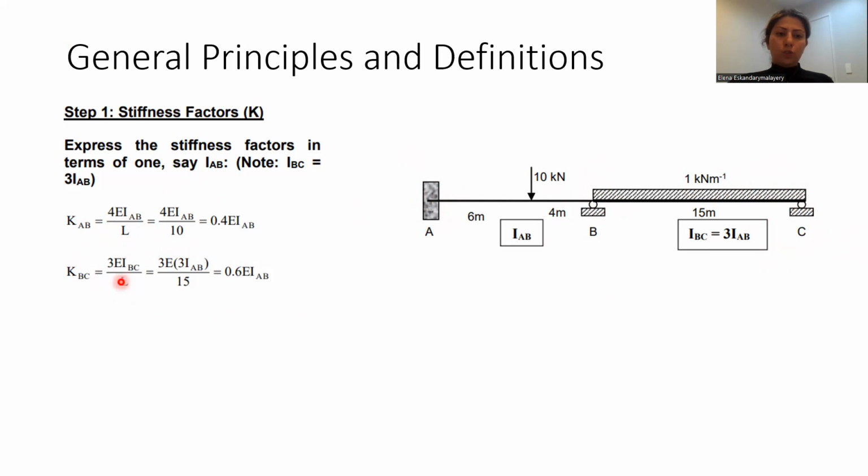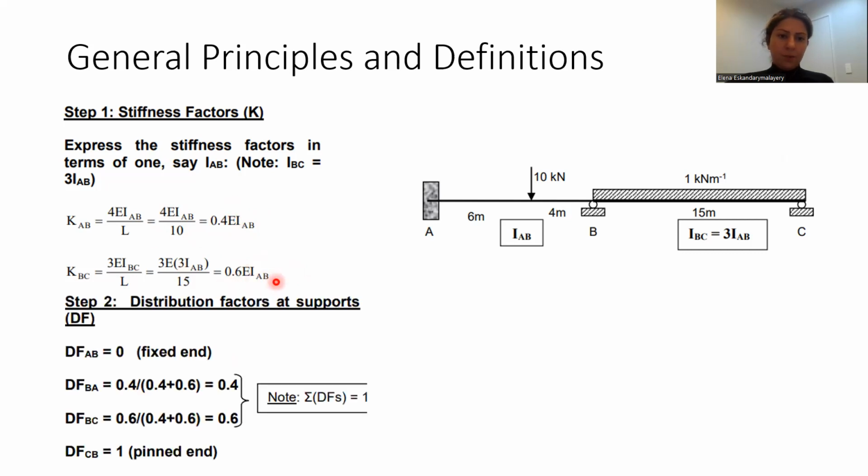So you need to use 3EI over L. If you simplify that, that would be 0.4 EI and 0.6 EI. Then we would be able to calculate the distribution factor.